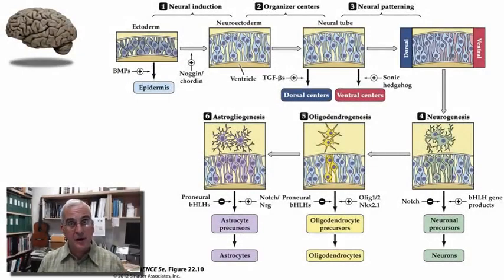So one important question that I hope you've thought about at this point in the tutorial is, how is it that these precursor cells that are postmitotic and migrating to a particular location come to differentiate into the diverse forms that we recognize among our neurons and our glial cells that we discover in the adult brain? Well, there are basically two broad kinds of mechanisms that explain the differentiation of these precursor cells into their final fate.